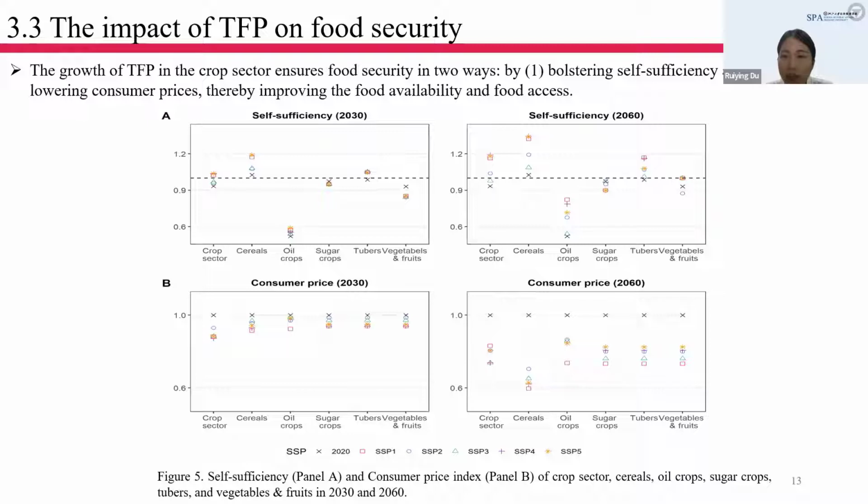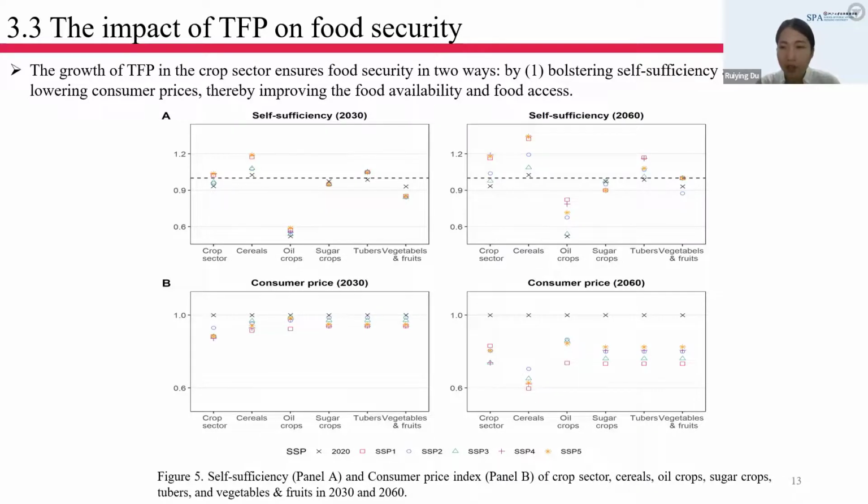The third main finding is about the impact of TFP on food security. The growth of TFP in the crop sector ensures food security by boosting self-sufficiency and by lowering consumer prices, thereby improving food availability and food access in China.